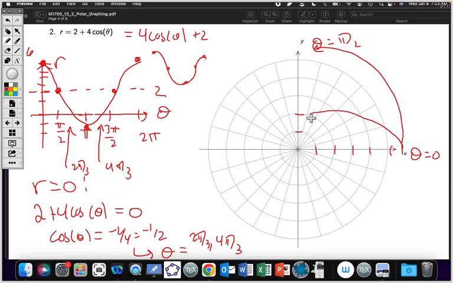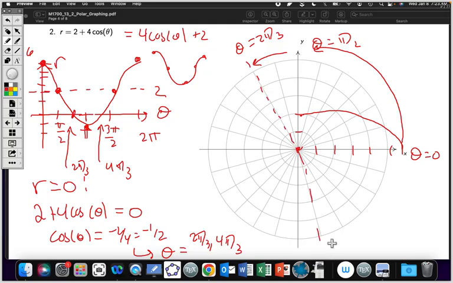So it's coming in like this, from 6 to 2. And now, from pi over 2 to 2 pi over 3, which would be in here, so there's theta is 2 pi over 3, it goes from 2 to 0. That means it's coming into the origin here. So it's going to come into the origin at an angle of 2 pi over 3.